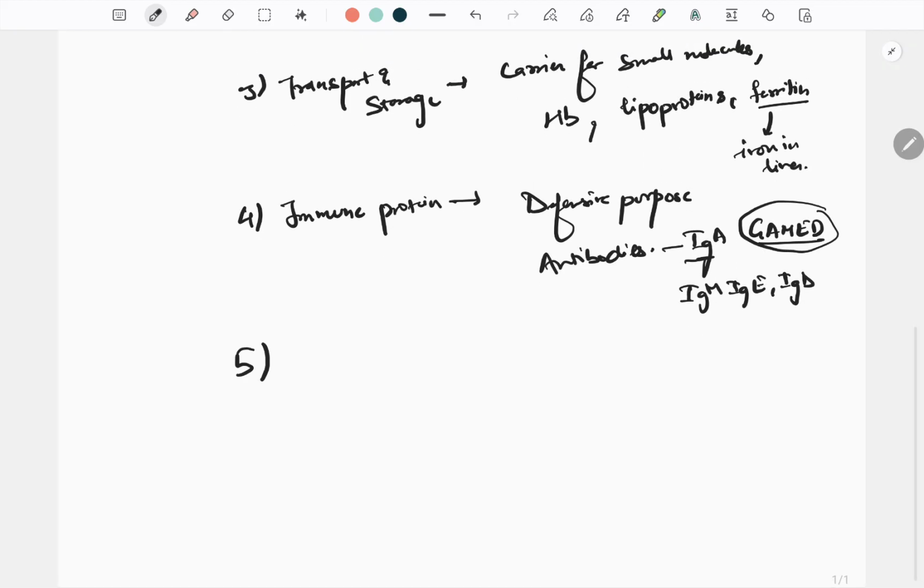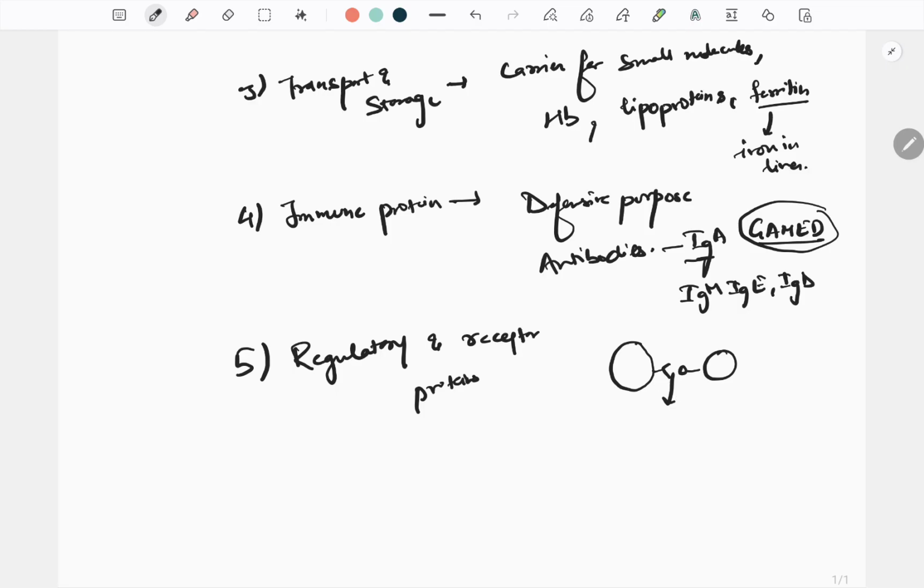Okay, and the fifth type is regulatory and receptor proteins. So what happens is there's always cell to cell communication that happens, right? So these type of proteins are called receptor proteins, where a particular cell can communicate with another type of cell, either through chemicals, proteins, or by any other means.